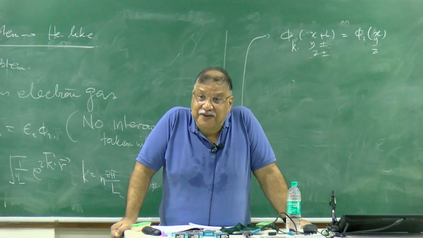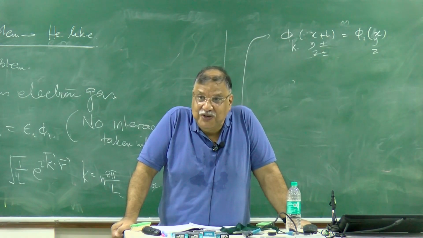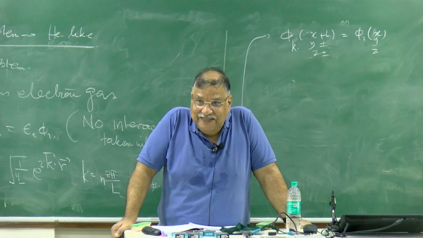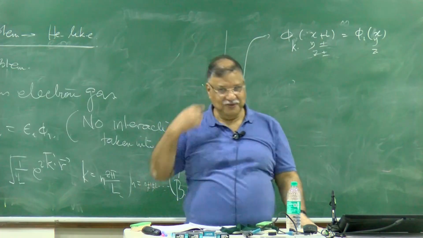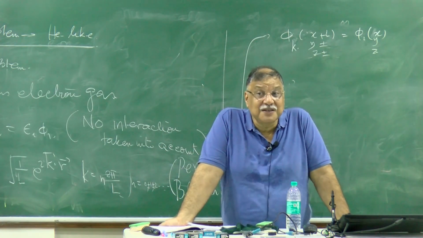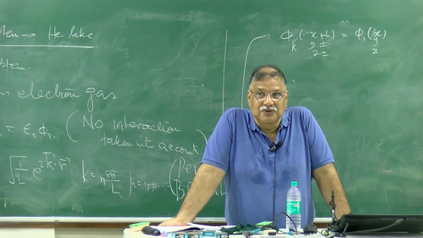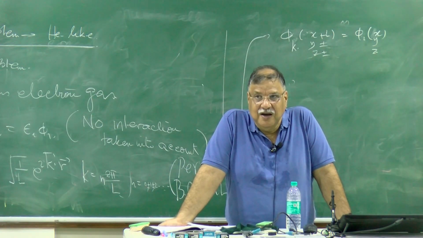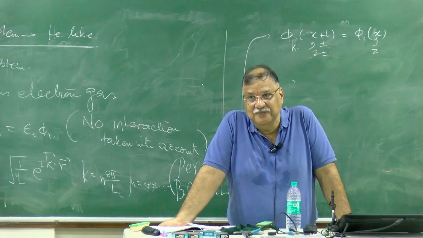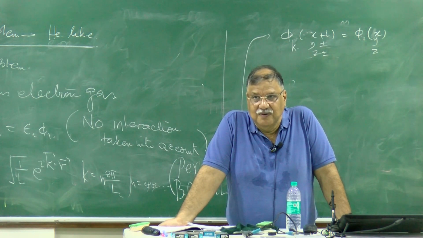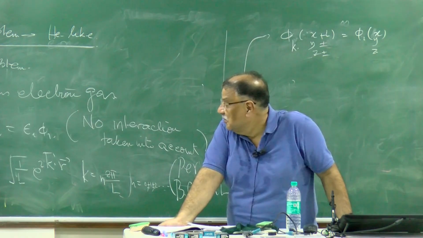How would you put infinite electrons in L equals 0? Would you even dare do that? So you have to ask questions. We're not dealing with physical systems, right? So this is the thermodynamic limit. I have to take L larger and larger. You don't mind my pulling your leg, right? I have to pull your legs also.